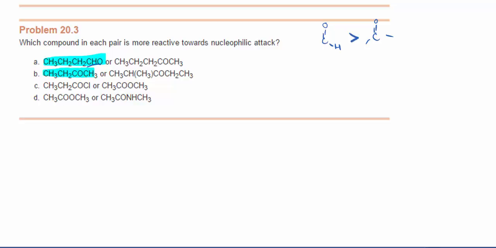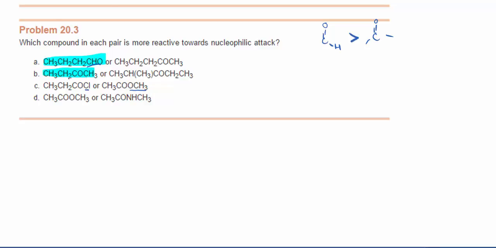For C, we have a chlorine and we have an ester with a methoxy, really. So what we need to look at then is the leaving groups themselves. So is chlorine a better leaving group than a methoxy, or is methoxy better than chlorine?